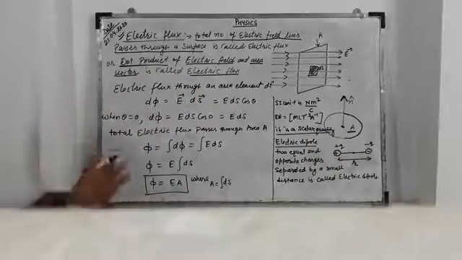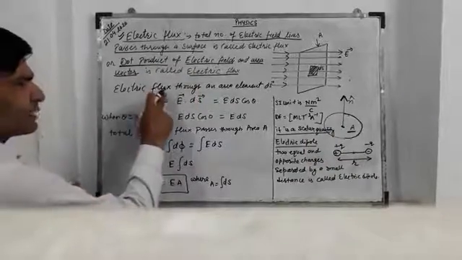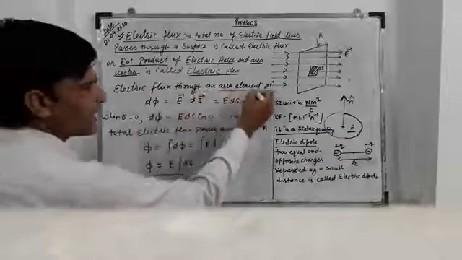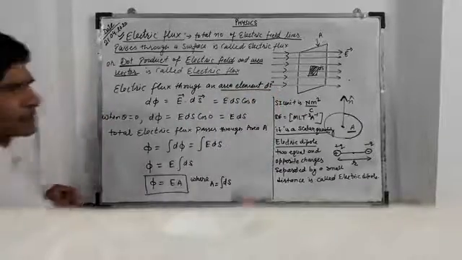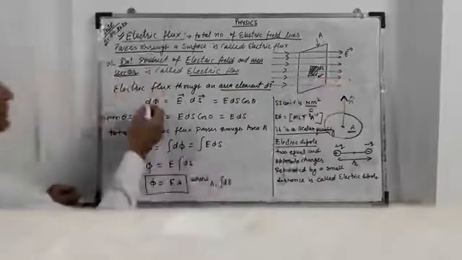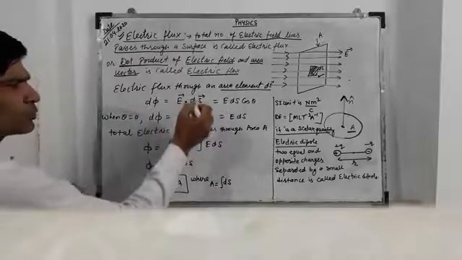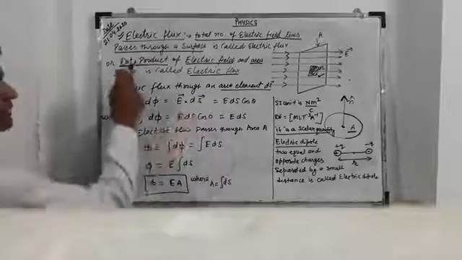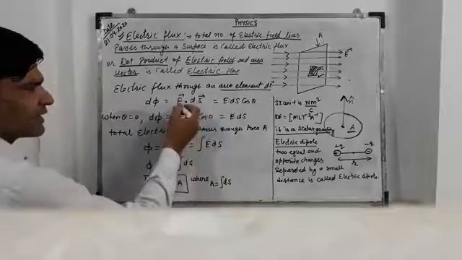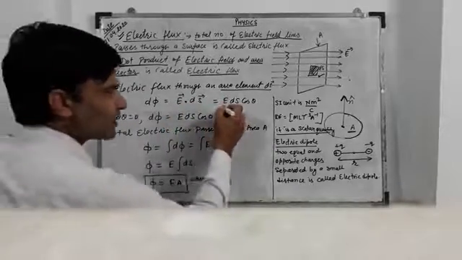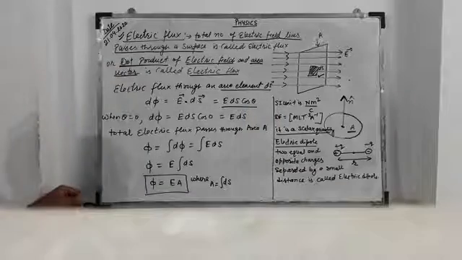Come, electric flux through an area element ds. That is d phi is equal to E dot ds. As you know, in a dot product E dot ds is equal to E ds cos theta.